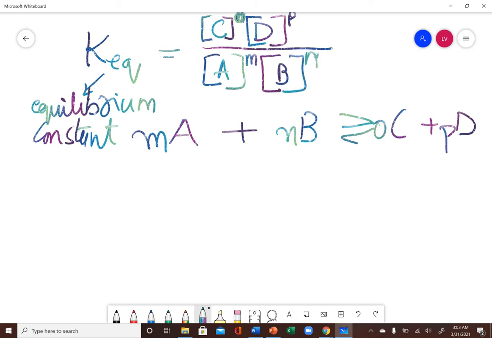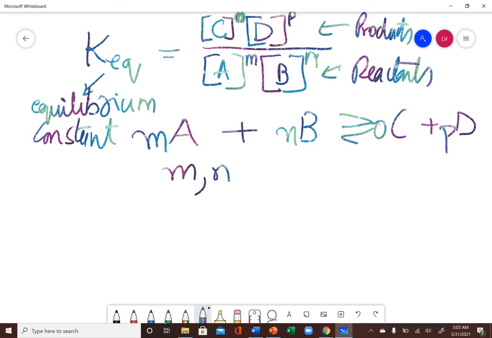This is how we represent mathematically the equilibrium constant, which gives us an idea of the concentration of products versus the concentration of the reactants. m, n, o, and p are the coefficients from the balanced equation.